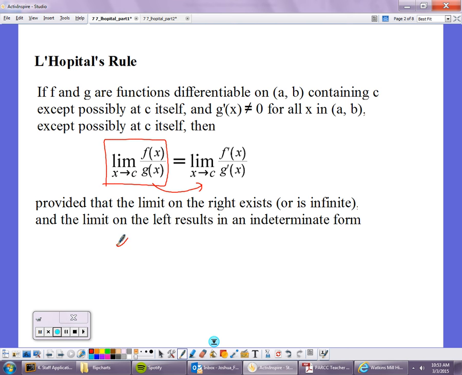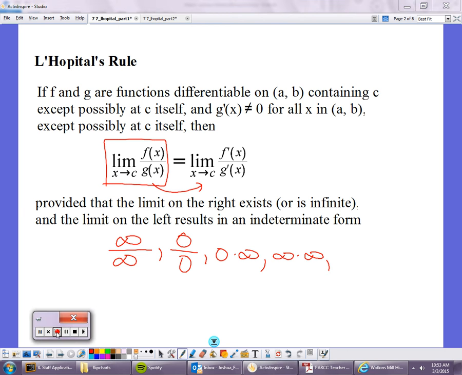Let's talk a little bit about indeterminate forms. The ones that we saw earlier in the year were things like infinity over infinity and 0 over 0. There are others, like 0 times infinity. Some other ones are kind of weird: 1 to the infinity, 0 to the 0.